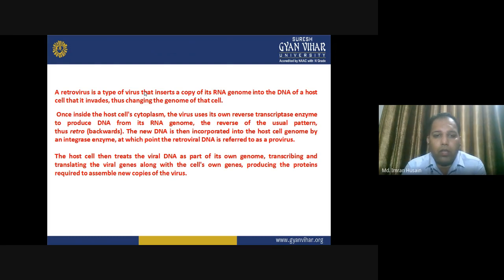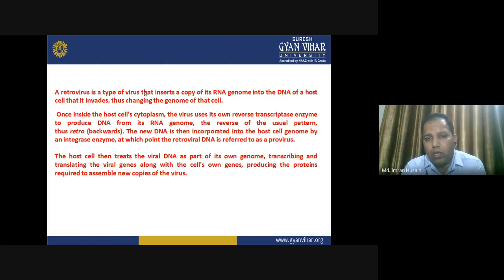The meaning of retro is backwards. The new DNA is then incorporated into the host cell genome by an integrase enzyme, at which point the retroviral DNA is referred to as provirus.